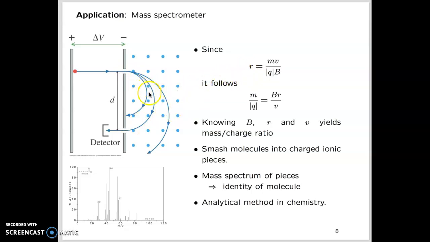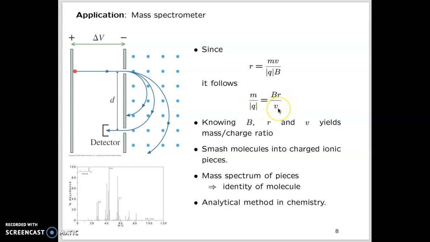So if you're detecting a piece of a molecule that goes into this detector that goes through this little hole here, that's a distance d away from the top hole, then it turns out that you can determine from this equation here, if you rearrange this equation, you can determine the ratio of the mass to the charge of that molecular piece, okay?